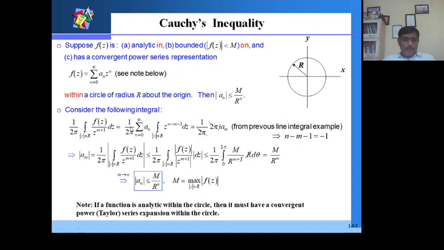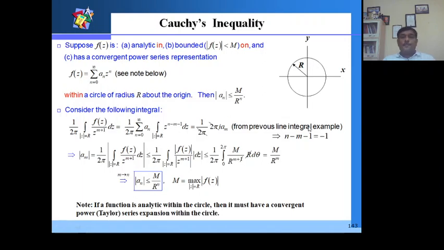Then this becomes 1 by 2 pi i, and also integration is a limit of a sum. We can substitute here f of z equal to the summation of n from 0 to infinity of a n, integral upon mod z equal to r of z to the power of n minus m minus 1, because here z to the power n is there, and here z to the power of m plus 1.